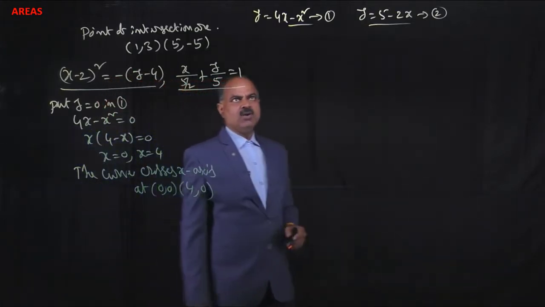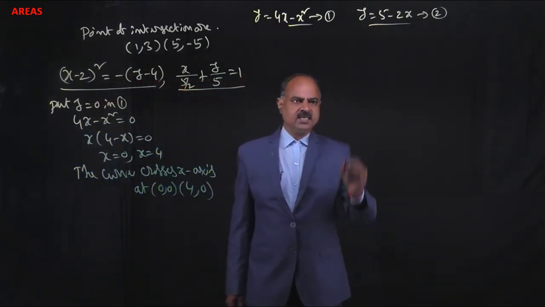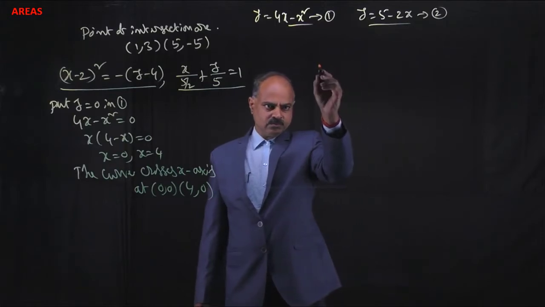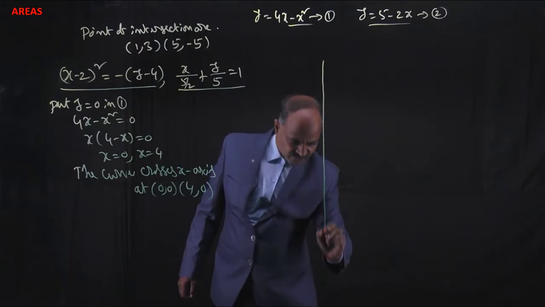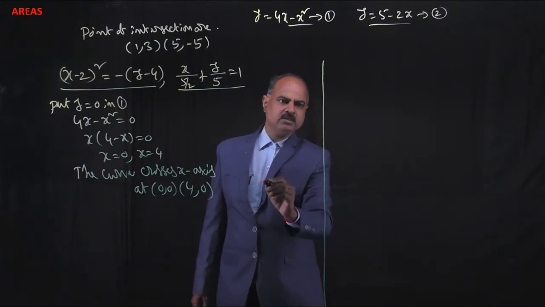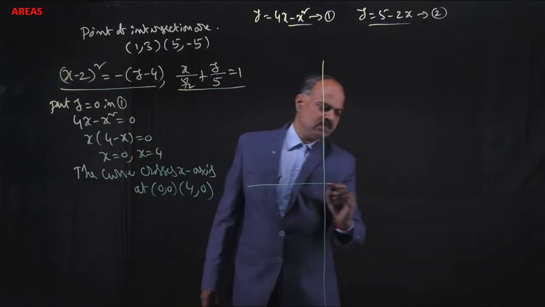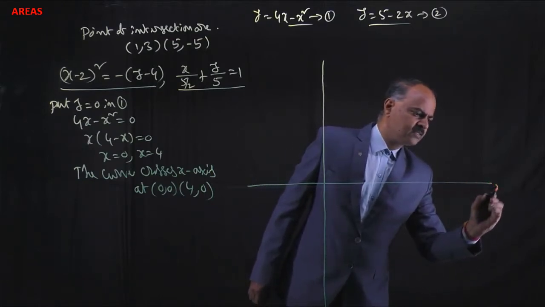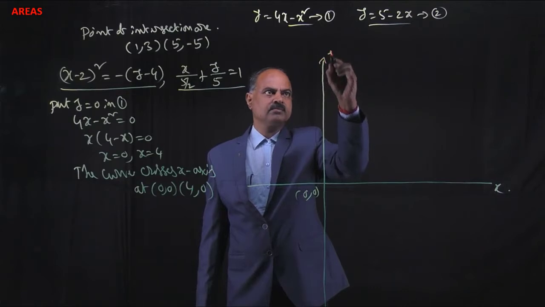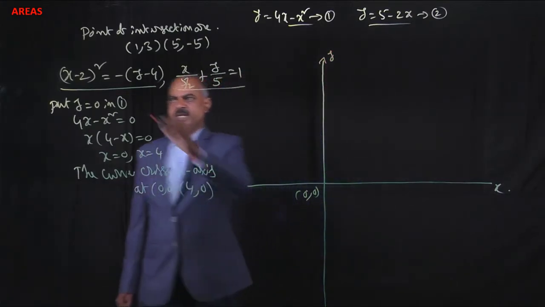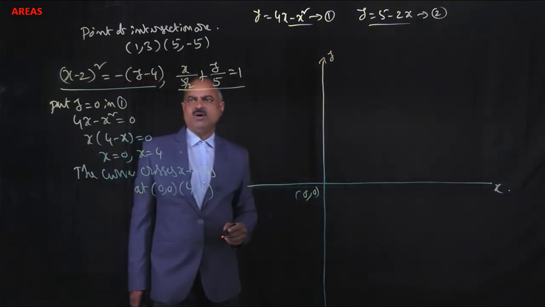Now draw the curve y equal to 4x minus x square. This is the y-axis. This is the x-axis. This is the origin 0, 0. So here x minus 2 whole square equal to minus of y minus 4.